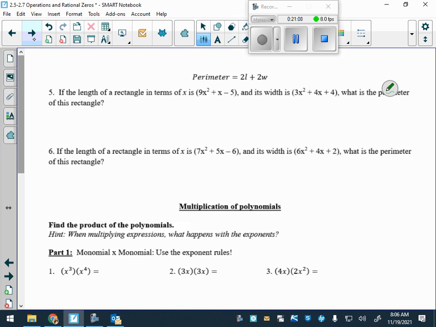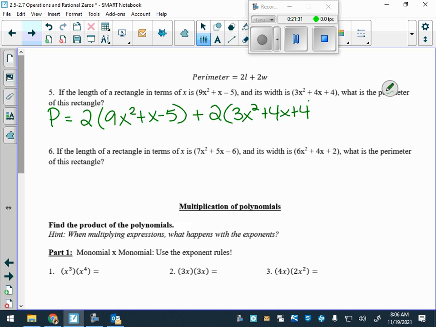So you're adding all the sides around. Okay, so in order to find the perimeter in terms of x, do 2 times 9x squared plus x minus 5, plus 2 times the width. What do you have to do first?